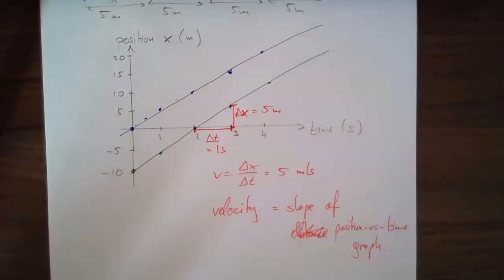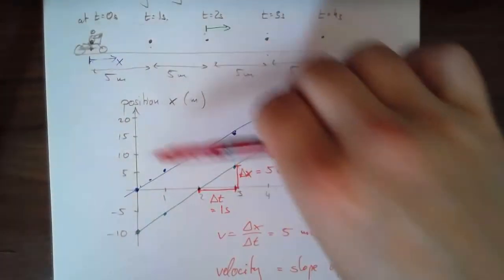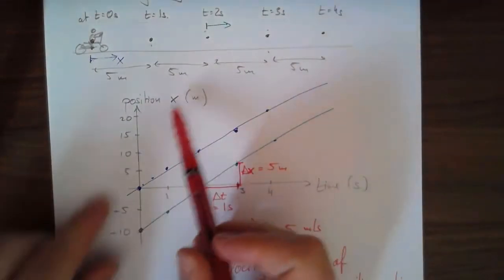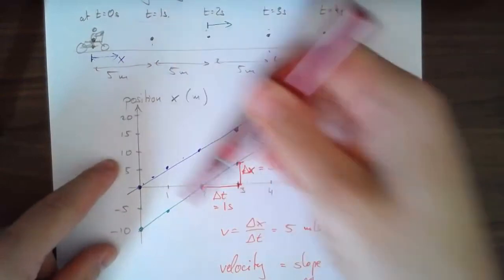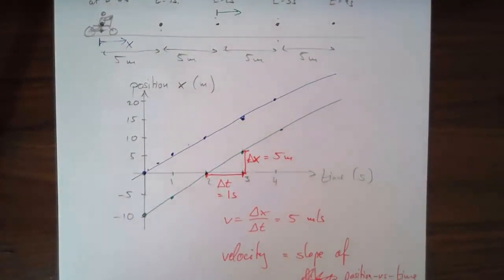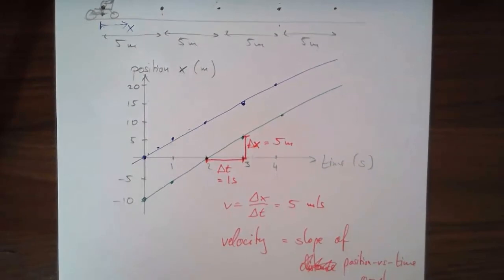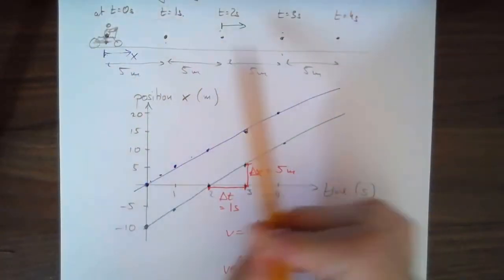Okay. Now, if my displacement were negative, I would get a negative slope, right? Because I'm going from positive positions maybe to negative positions. My slope could be pointing down, and I have a negative velocity. And you'll get into examples in class and in the homework where you're working with some kind of motion that changes.